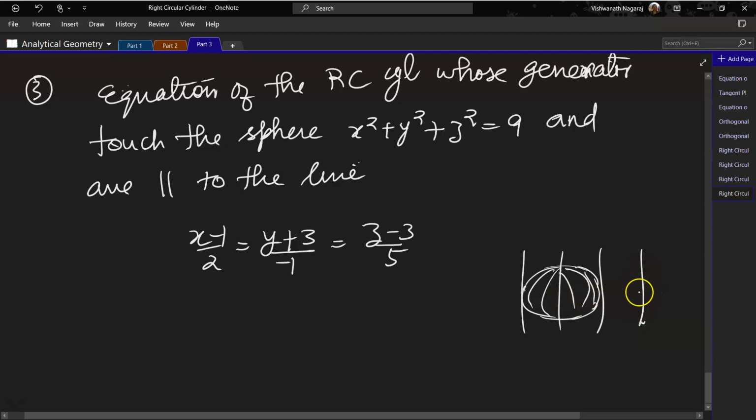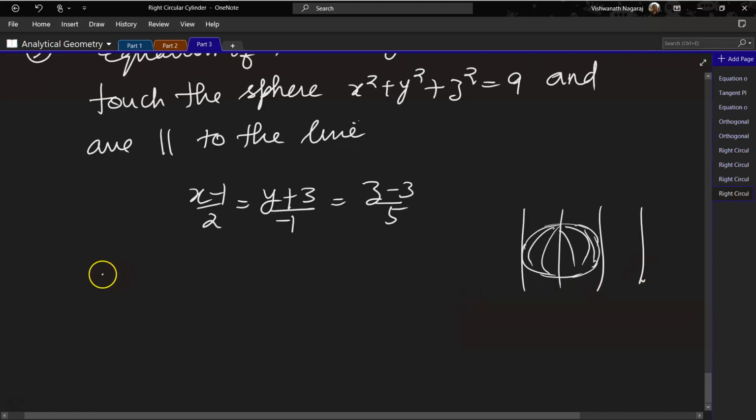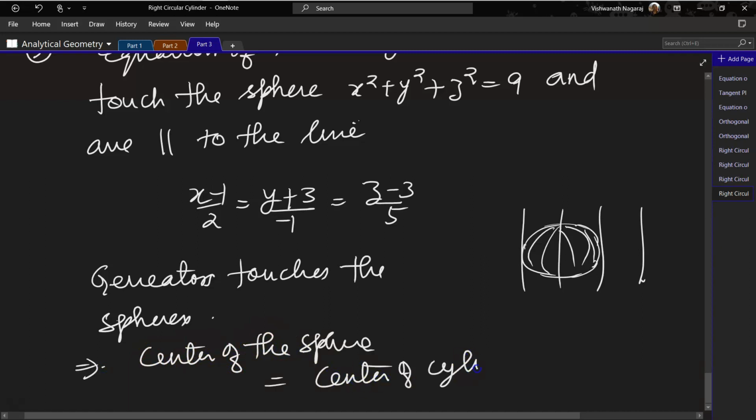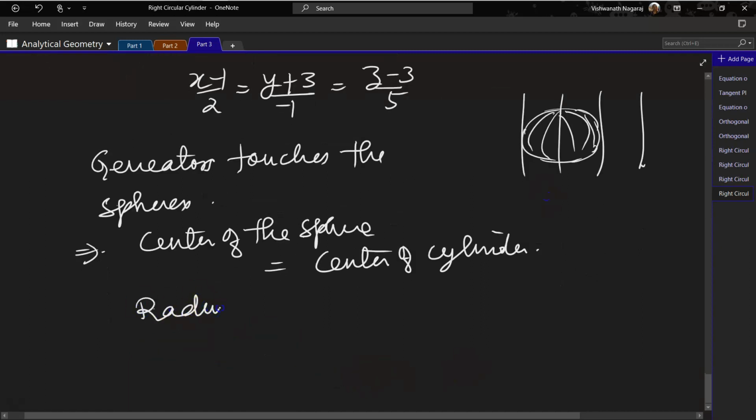That means the axis is also parallel to it. So let's take it one by one. Generator touches the sphere, which implies that the center of the sphere is equal to the center of the cylinder. Yes. It also means that the radius of the sphere is equal to the radius of the cylinder.